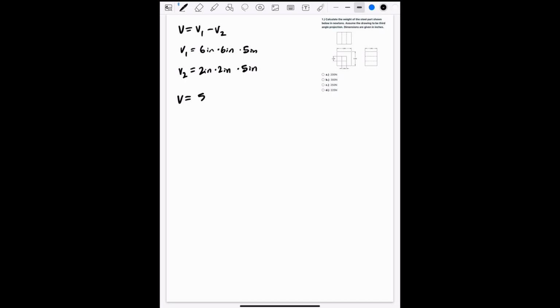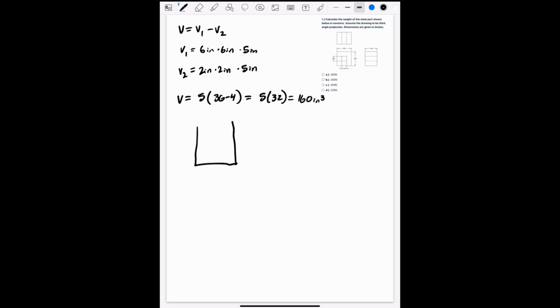We'll say that it'll be equal to 5 times 36 minus 4, which is equal to 5 times 32. So let me get my calculator, and we'll do 5 times 32, which is 160 cubic inches. So that's the volume of this shape.